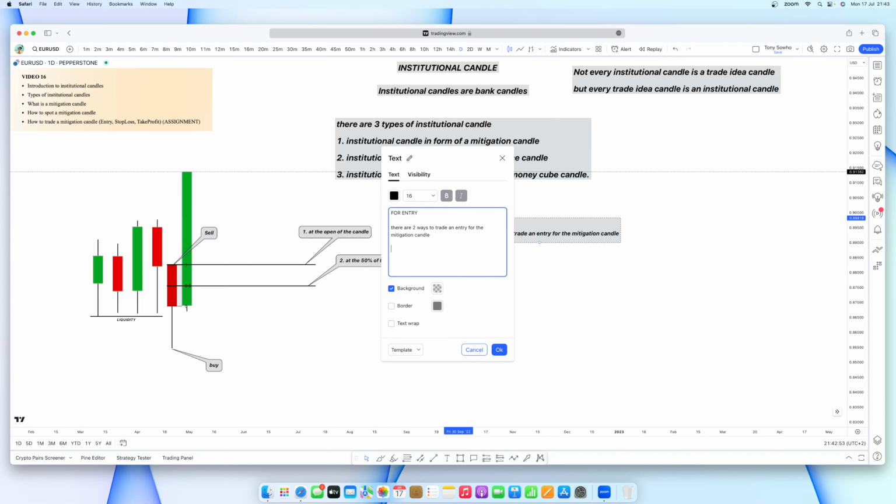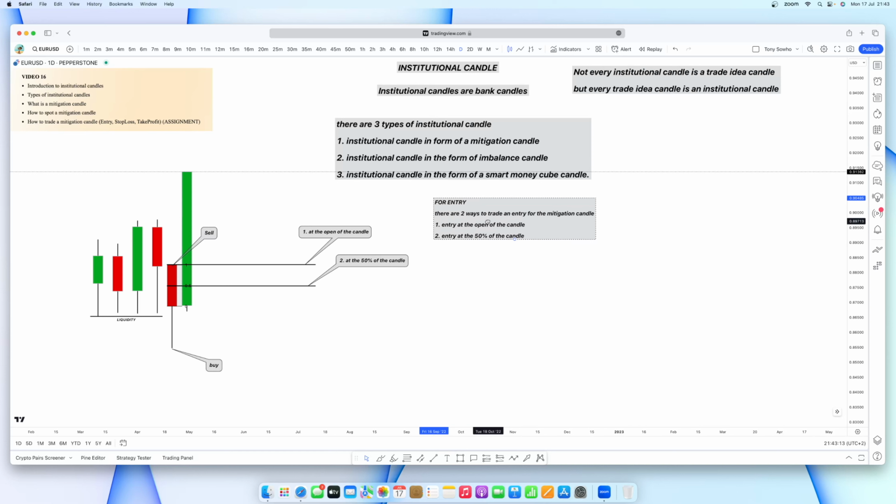Number one, entry at the open of the candle. Number two, entry at the 50% of the candle. That's it.